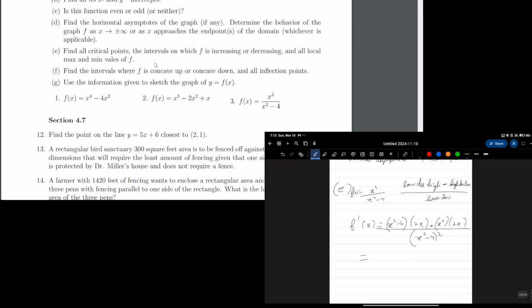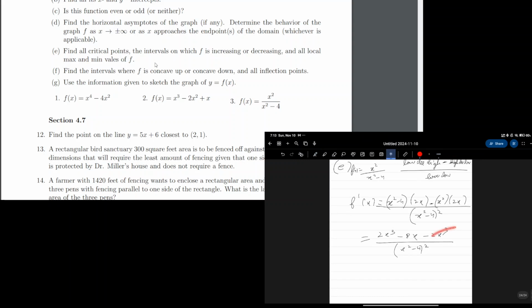So over here, this becomes 2x cubed minus 8x minus 2x cubed, over x squared minus 4 squared. Do not open this on the bottom. Keep it like that.